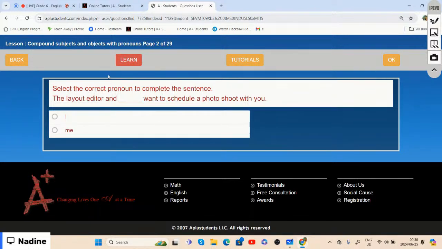All right, do we say the layout editor and I, or the layout editor and me want to schedule a photo shoot with you? What is the correct pronoun?